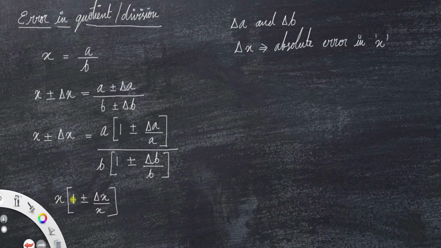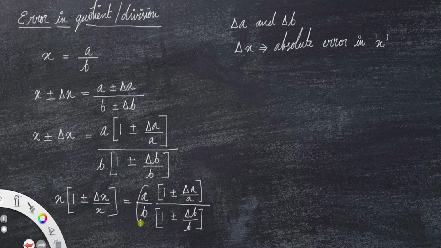That is x into 1 is x, x into delta x by x, the x and x will get cancelled. So it will be delta x itself. Equal to, you can write this as a by b into 1 plus or minus delta a by a divided by 1 plus or minus delta b by b.